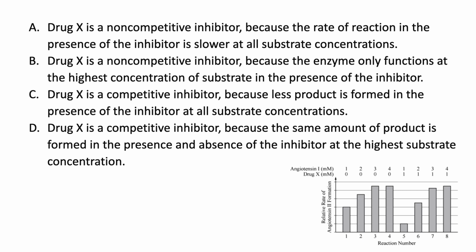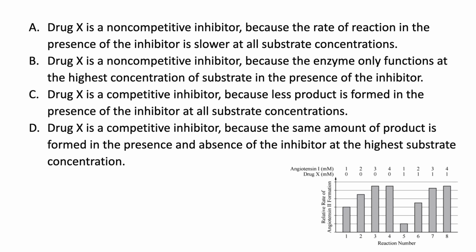All right, your options are: A, drug X is a non-competitive inhibitor because the rate of the reaction in the presence of inhibitor is slower at all substrate concentrations. B, drug X is a non-competitive inhibitor because the enzyme only functions at the highest concentration of substrate in the presence of the inhibitor.